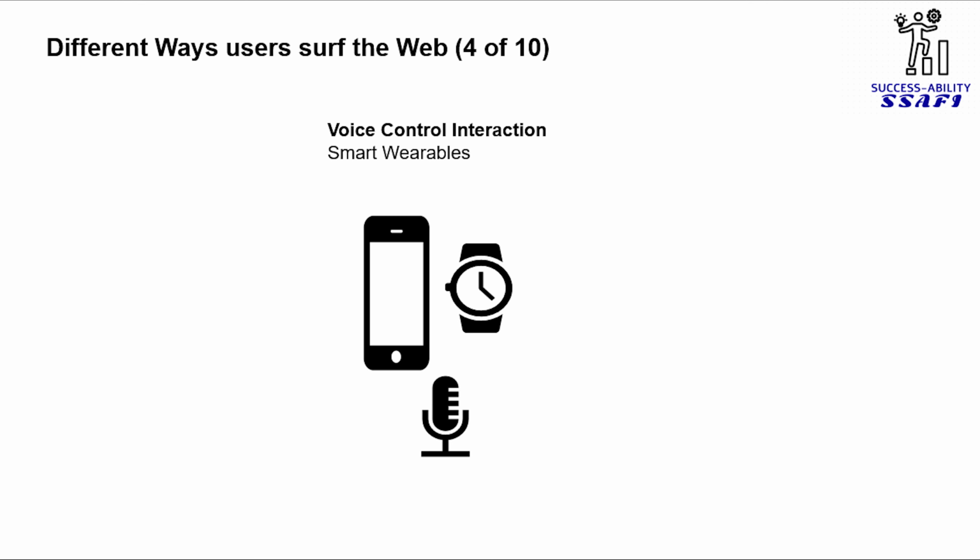The fourth user group are the ones who use voice control or speech recognition capabilities. They become enabled to control their computers and navigate web pages using spoken commands. This group of users can say commands like click link or scroll down to navigate web pages. They can also input text via dictation instead of typing.